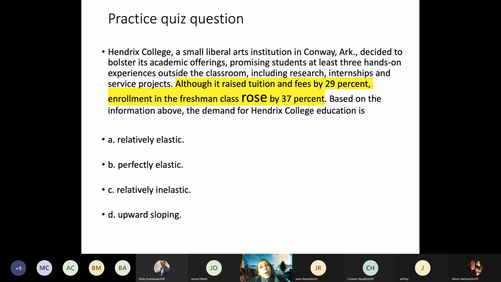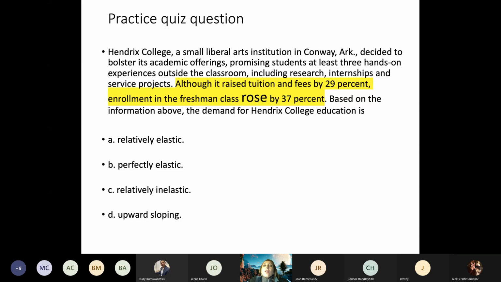But then you think twice and ask, what's wrong with the picture? Tuition increased. Isn't your enrollment supposed to go down with a higher price? It would be perfectly normal to say, for example, that if prices increased by 29%, enrollment declined by 2.9%. That would be more common to see. Or maybe enrollment declined by 10%. It would still be pretty impressive, right?